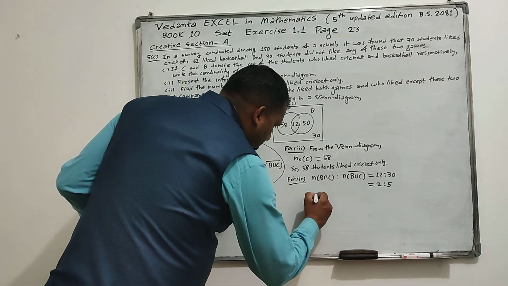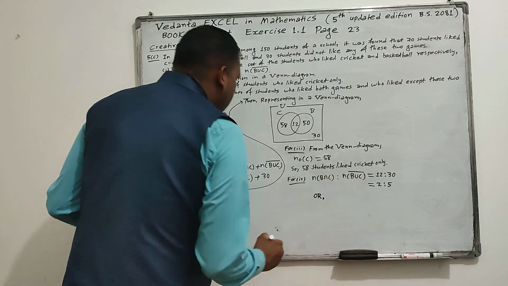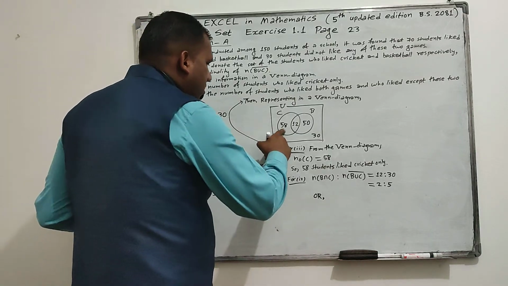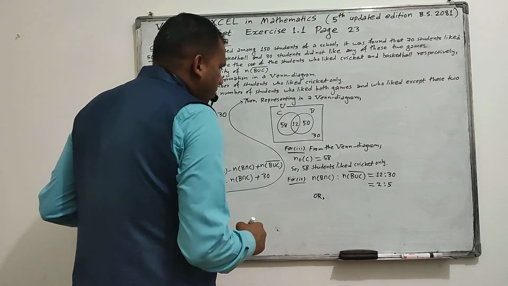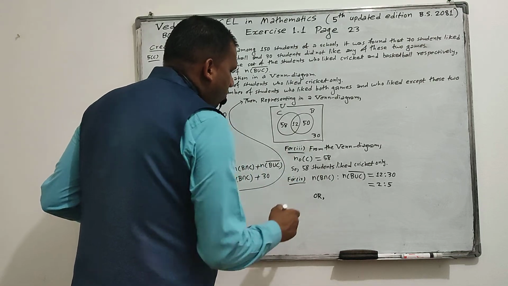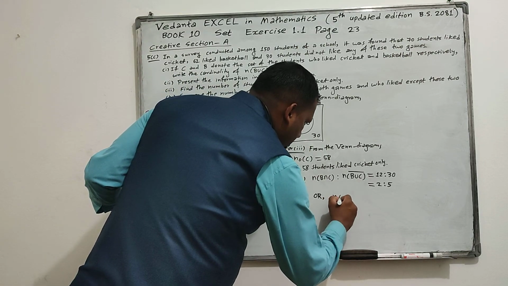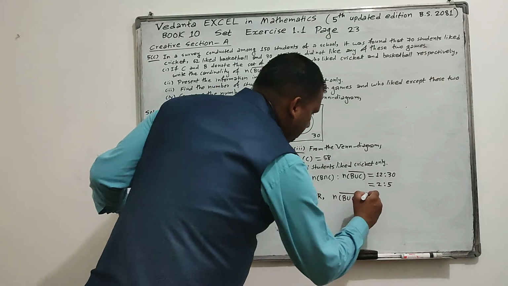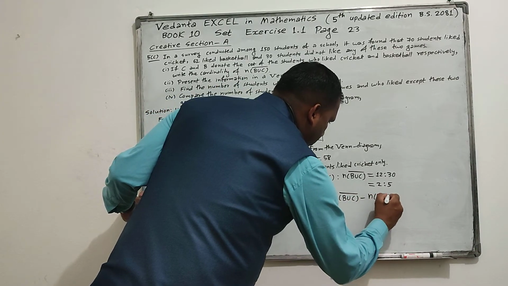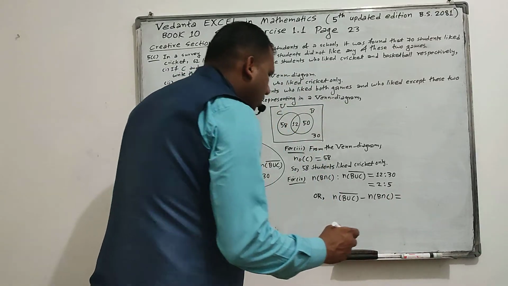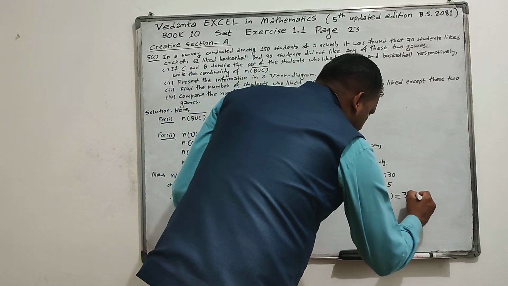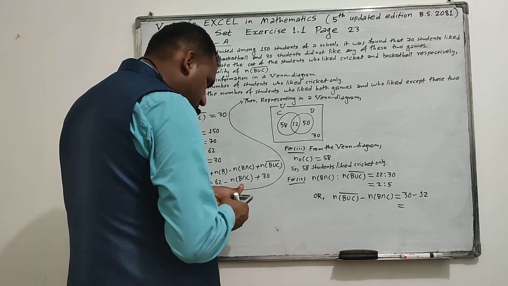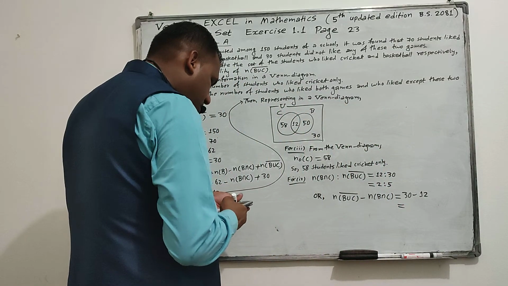Or we can compare in difference form. Like both is less, like none is more. So n((B union C) whole complement) minus n(B intersection C) equals 30 minus 12, that is 18.